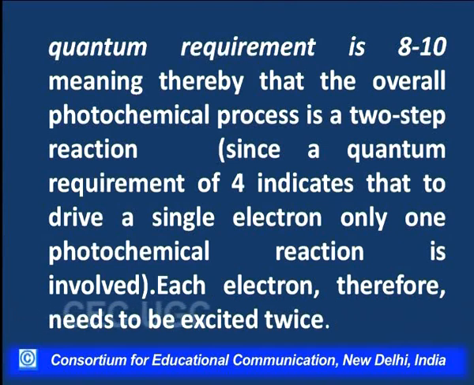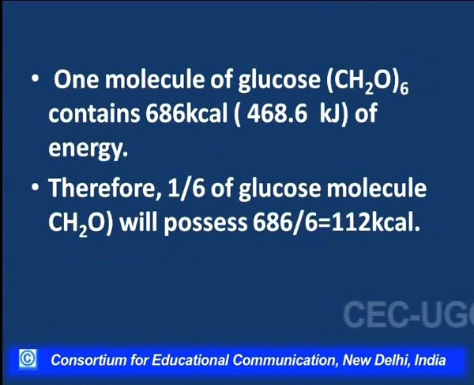It is a reaction where each of the electrons needs to be excited twice. If an electron needs to be excited twice, how can we take the figure of 4 as the quantum requirement for the process?